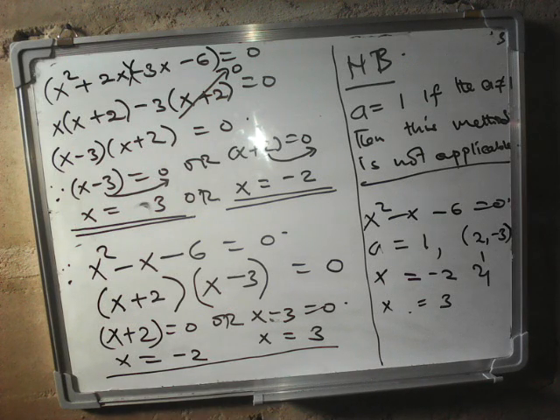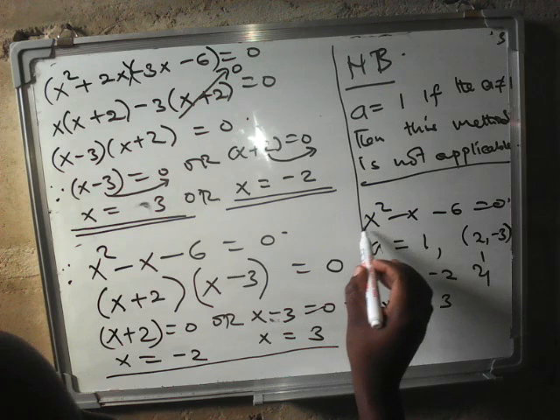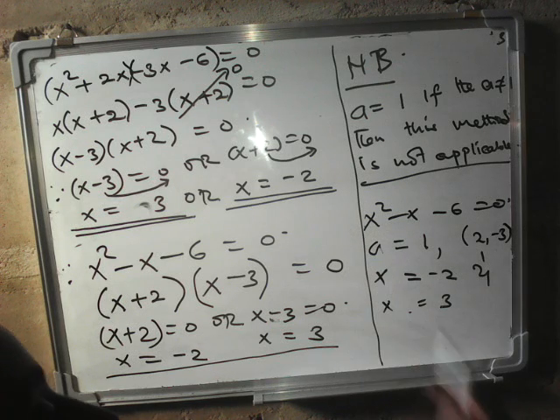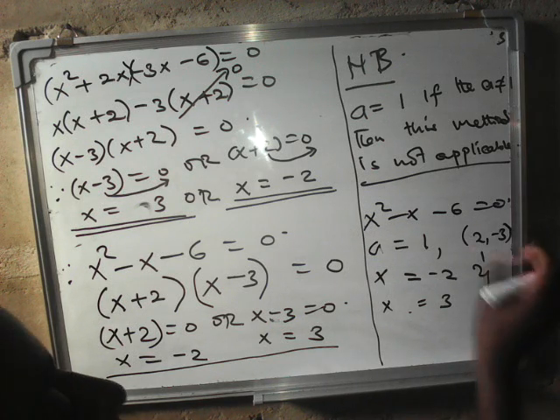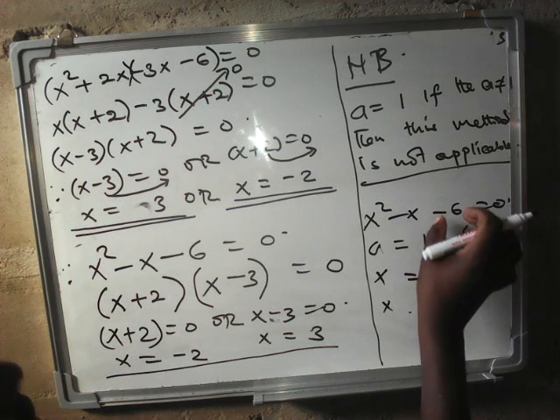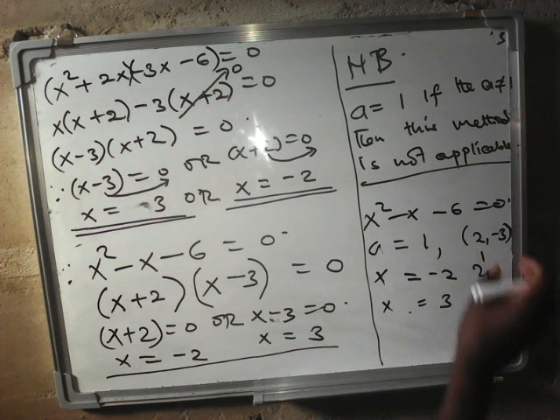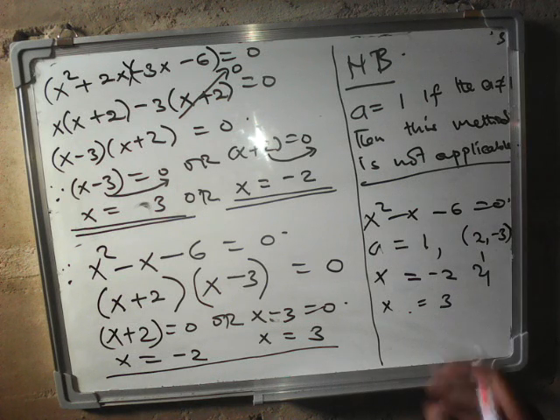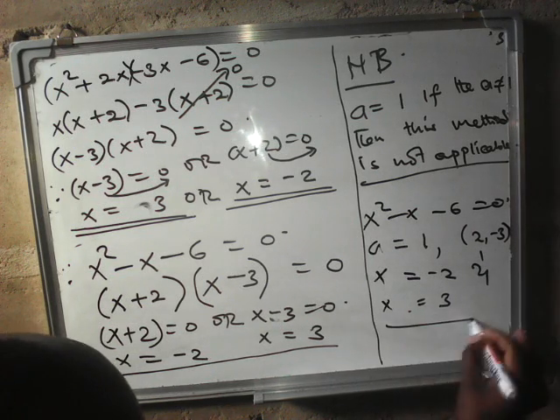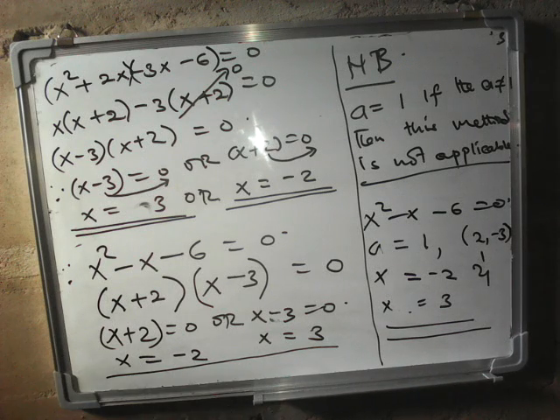In other words, what I'm trying to say is, if here there is a constant 1, then the factors of our constant c, or of our product, are just the reverse: you just reverse the signs, and then you obtain the answers.